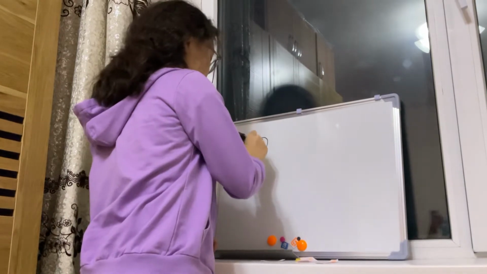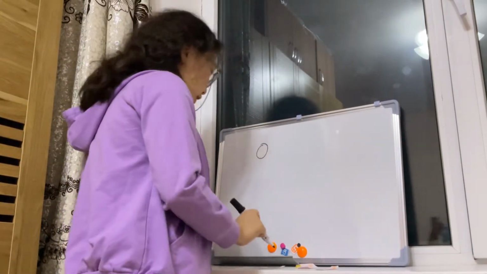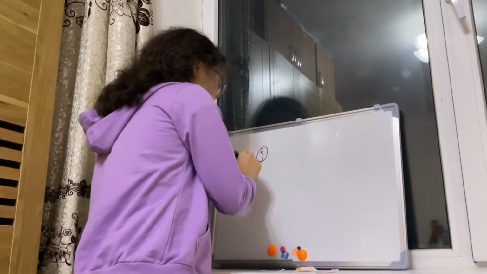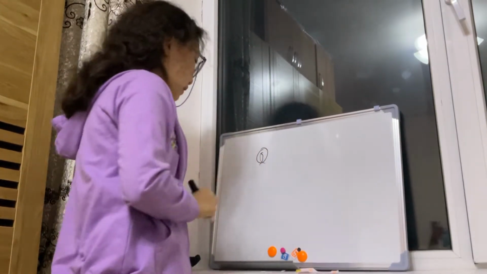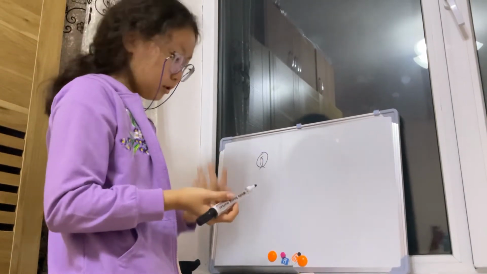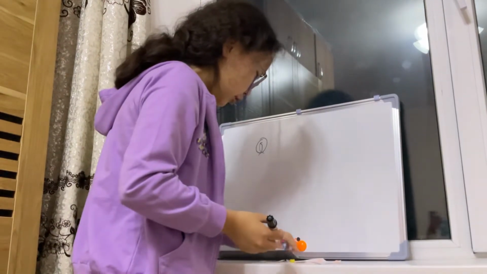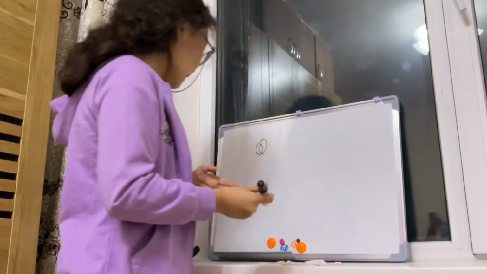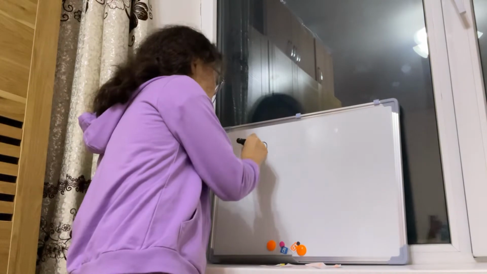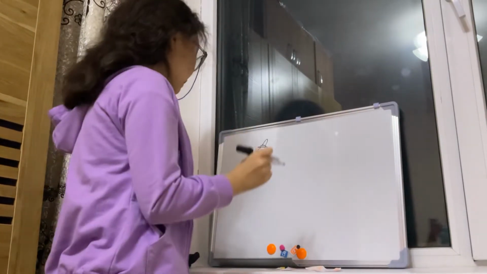Let's just take this ball as a body. HTML is like the bone, the skin, the hair, and let's just say our outside. And cascading style sheets, or our beloved CSS, is like our style and stuff.